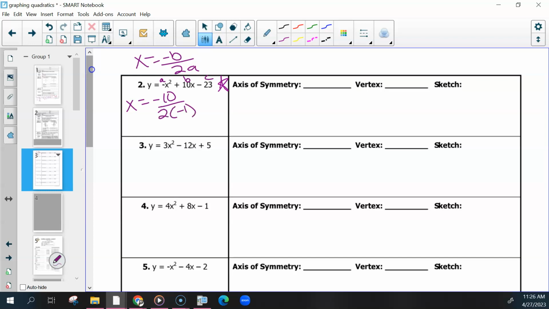This time your A is negative 1. What would your axis of symmetry be? X equals 5. So then we're going to take that 5 and put it in for all of your x's. So find your y value.